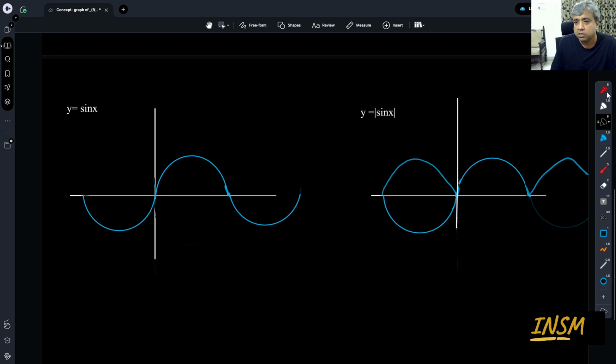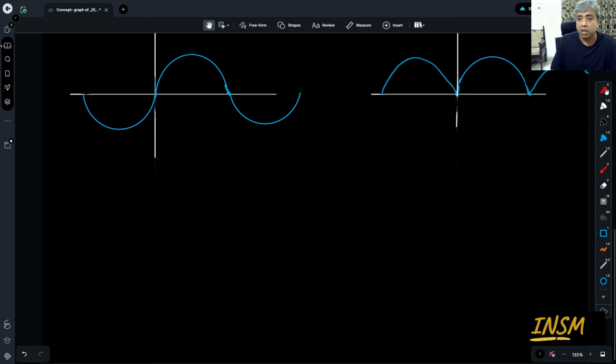So what you are essentially doing is flipping the portion below x-axis on x-axis and deleting the portion below x-axis to get the graph of mod fx, in this case mod sine x. In most cases, I would expect that with practice, you would be able to do this mentally. We'll see one more last example of how to do this.